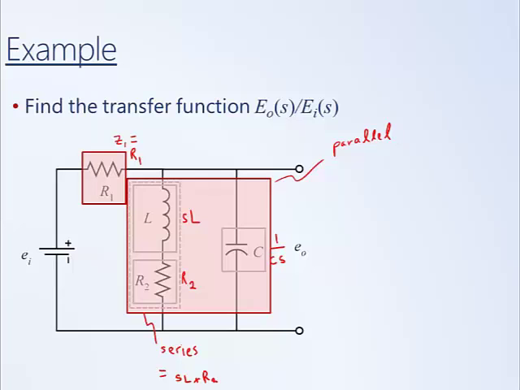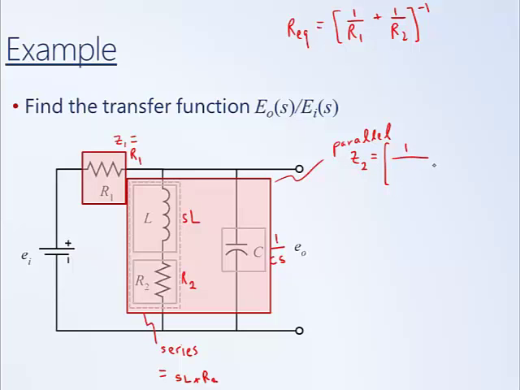And if we recall, the equivalent resistance of two resistors in parallel is each individual resistance, the inverse of each individual resistance summed together, and then the inverse of that complete sum. So I will call the equivalent impedance of these two branches in parallel Z2.